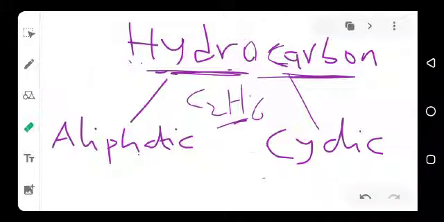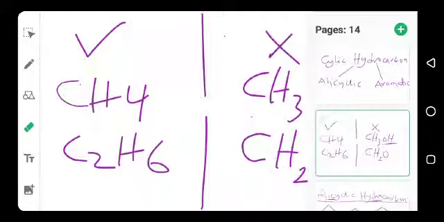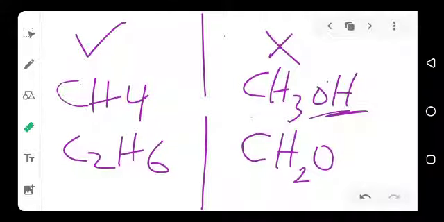Okay, now look at this slide. Now this one has carbon and hydrogen atoms, nothing else. So they are all hydrocarbons.